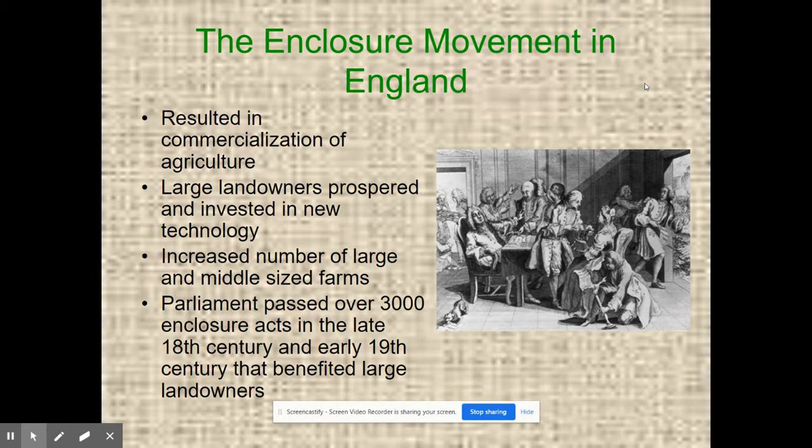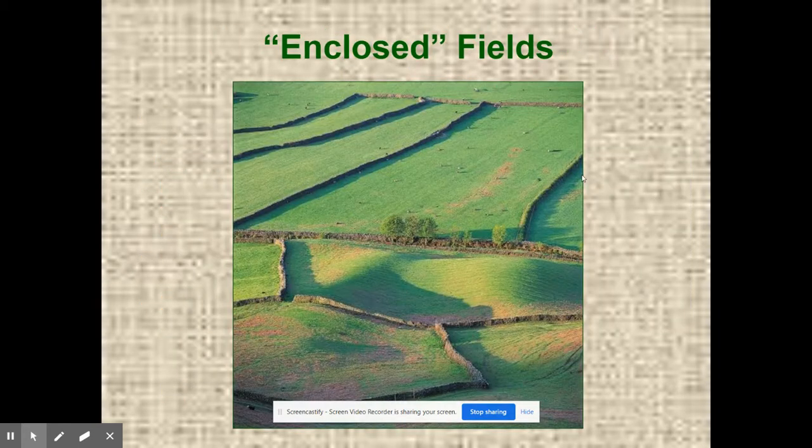These are people who purchased their land or people who earned their land and weren't given it. And so they become more powerful, and that's going to keep even more a shift into the power of the House of Commons. So it's a political thing, it's an economic thing, it's also a social thing, as we see a beginning of a large middle class growing in power, but we also see a decline of the lower class. And this is that enclosure movement.